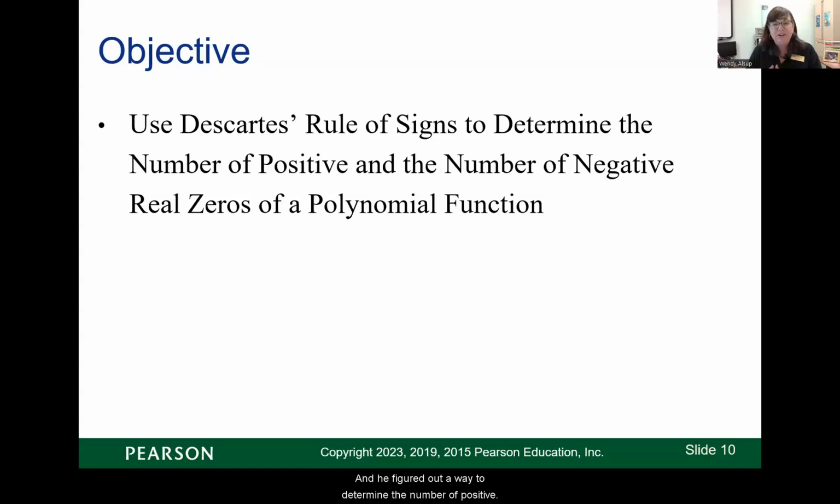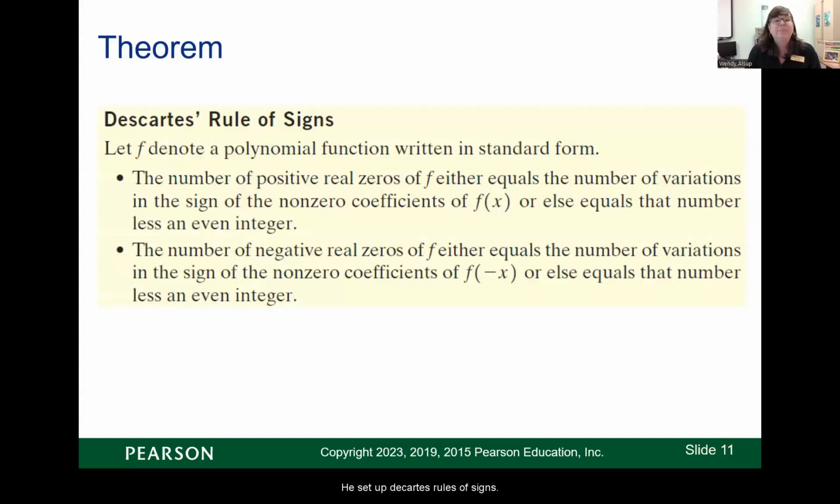He figured out a way to determine the number of positive and negative real zeros of a polynomial function. Well, how did he do that? He set up Descartes' rules of signs. The number of positive real zeros of a function either equals the number of variations in the sign of the non-zero coefficients of f of x, or that number less an even integer.